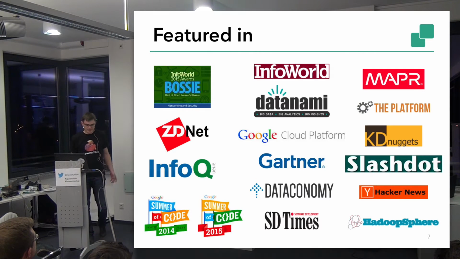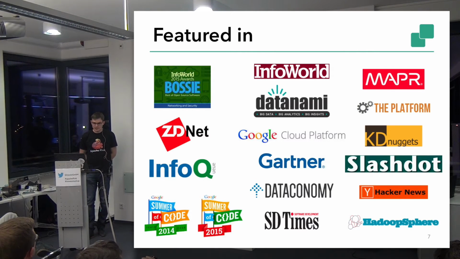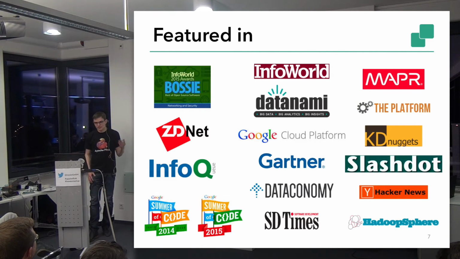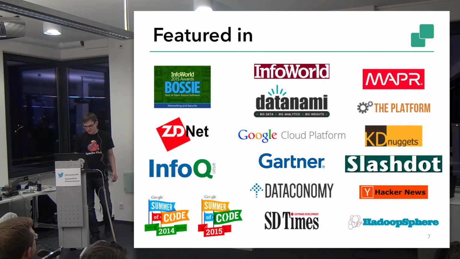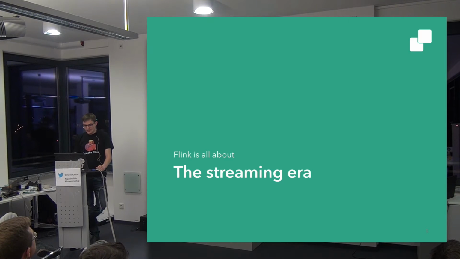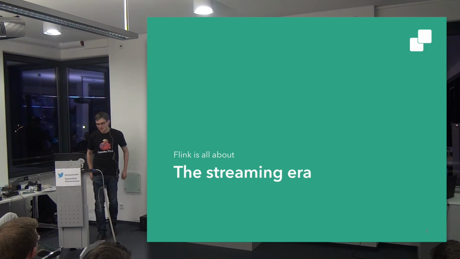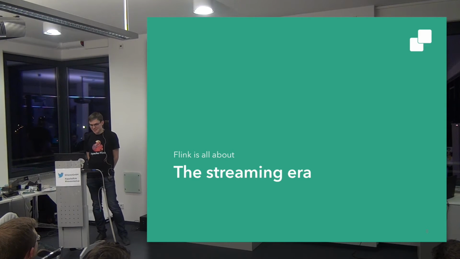Also a lot of news outlets, websites, blogs, and so on are reporting about Flink. So you can see it's a very diverse community out of different backgrounds which are talking about Flink, using it, and so on.